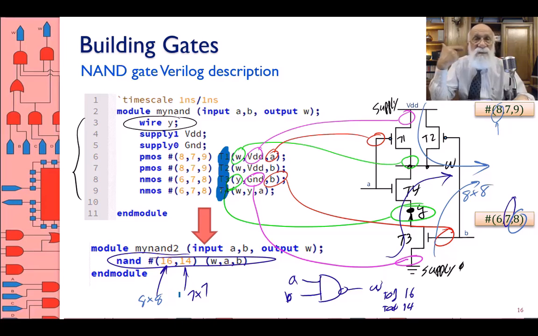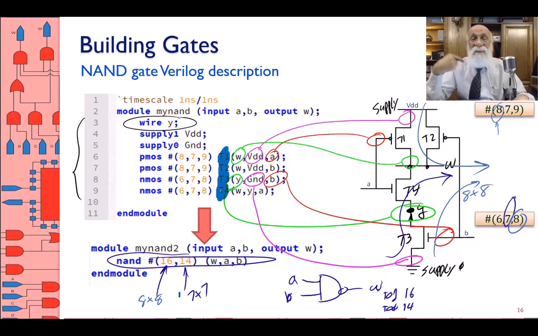What I just did was I analyzed the worst case delay of the circuit on the right hand side. I analyzed the worst case delay of this circuit. What it means is that there may be situations where I don't have 16 nanoseconds, if A changes instead of B changing.